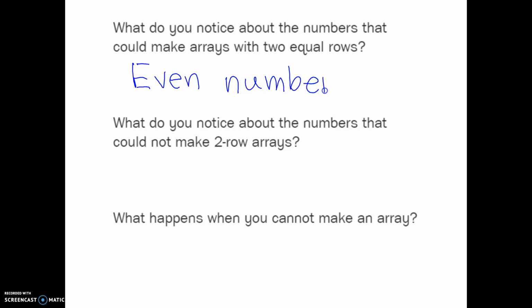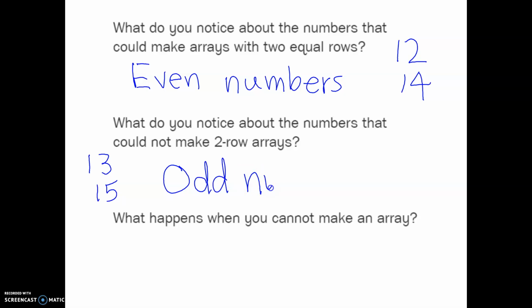So the 2 that I could do with 12 and 14 were even numbers. What do you notice about the numbers that could not make 2-row arrays? Let's see, I had 13 and 15. Oh, well, those are odd numbers.